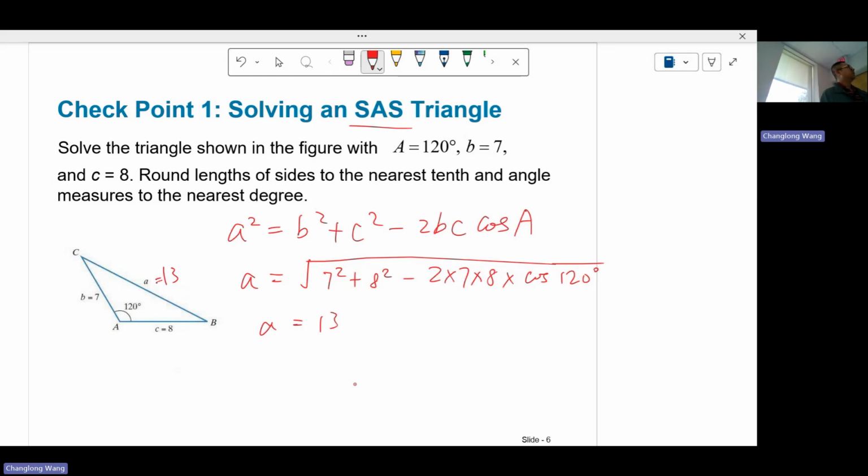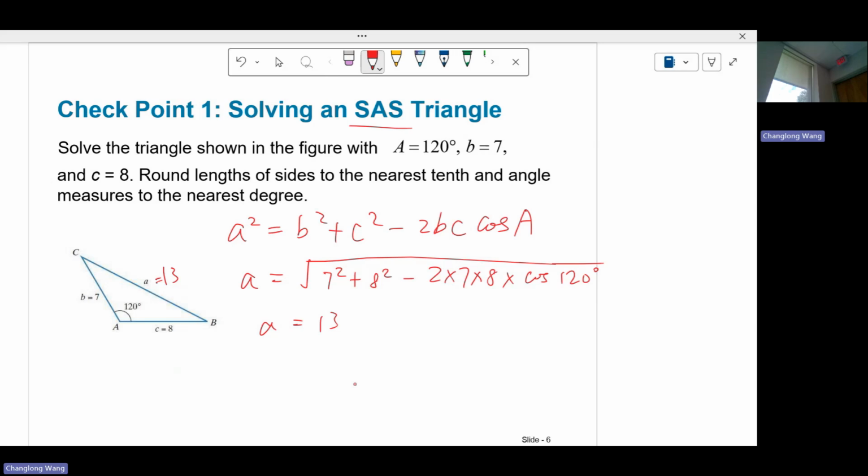What I was talking about. Oh yeah. So at this point, we need to figure out the two remaining angles, which are still missing, either angle B or angle C. There's no order that you have to follow.